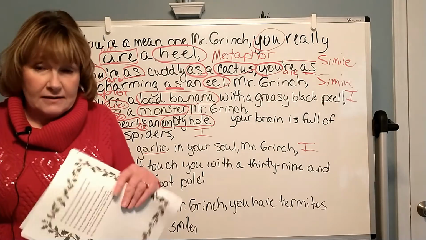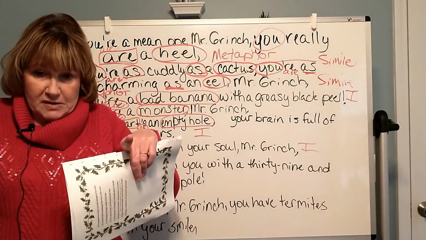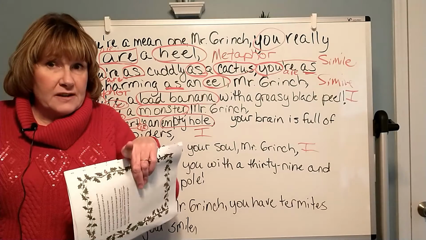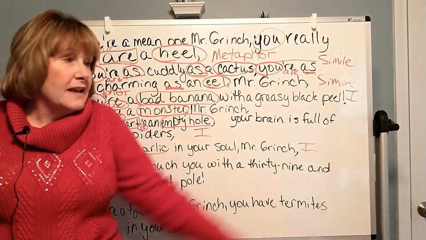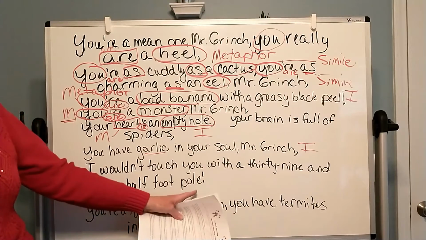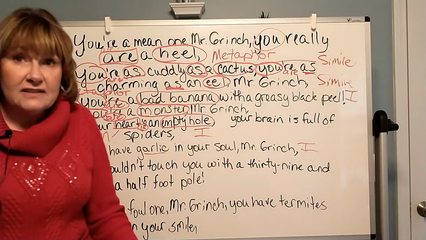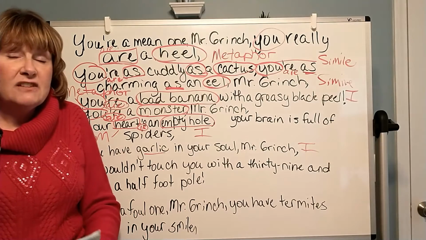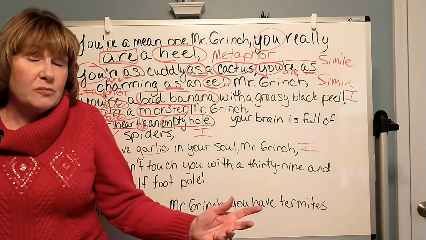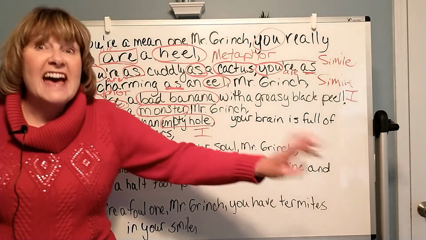Well, 39, let's see, a foot is about this big. So if we had 39.5 of these, I mean, we're talking a huge long pole. So not only is this singer saying, I'm not going to touch you at all, and I'm going to stay far away from you, but he's saying that even if I had a 39.5-foot pole, I wouldn't even touch you with that.